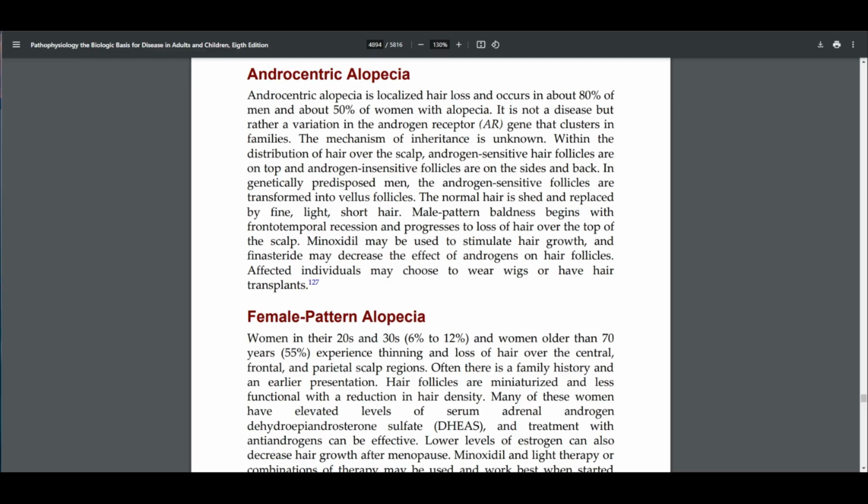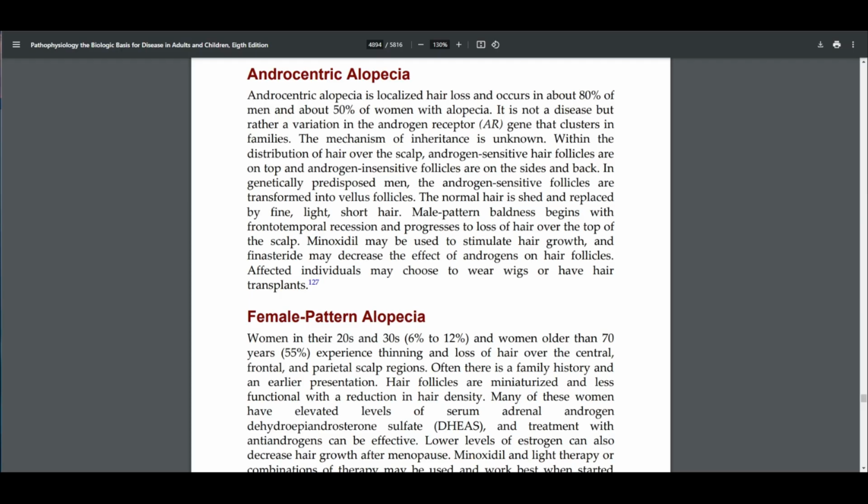Within the distribution of hair over the scalp, androgen-sensitive hair follicles are on top and androgen-insensitive follicles are on the sides and back. In genetically predisposed men, the androgen-sensitive follicles are transformed into vellus follicles. The normal hair is shed and replaced by fine, light, short hair. Male pattern baldness begins with frontotemporal recession and progresses to loss of hair over the top of the scalp.